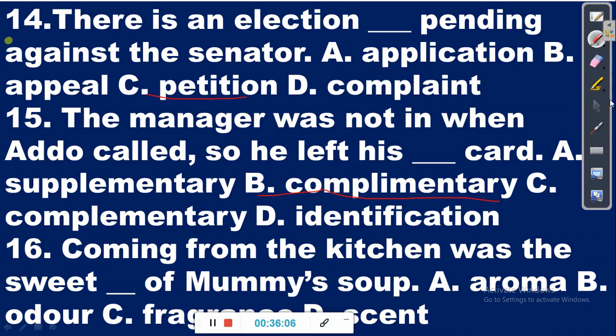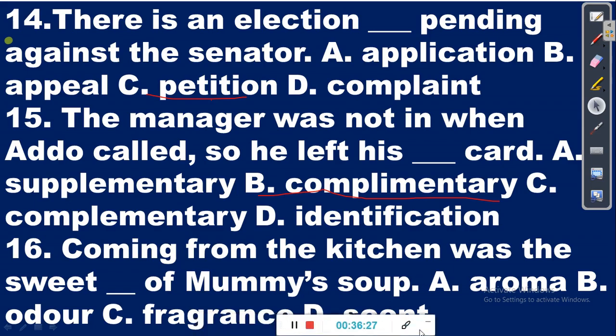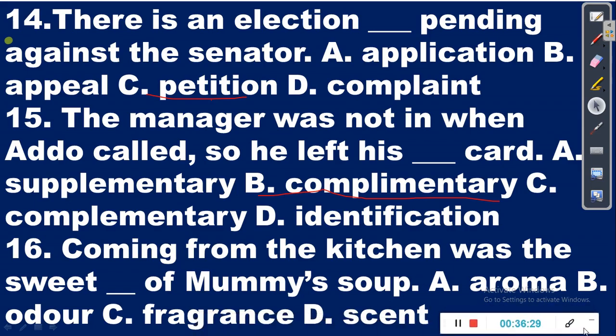All right, let's try to highlight. Coming from the kitchen was the sweet dash of mommy's soup. Now let's try to shift this away from here, so that we can see quite clearly.